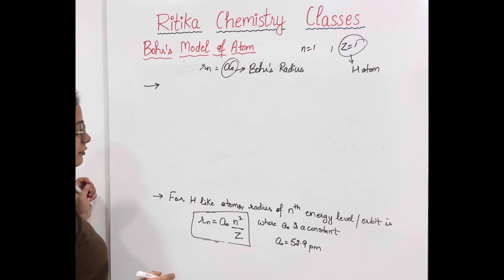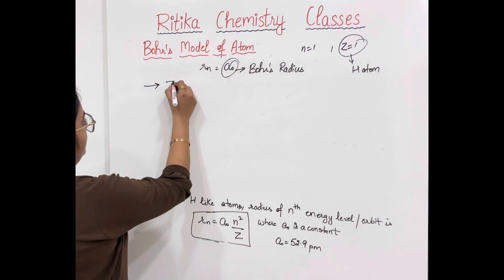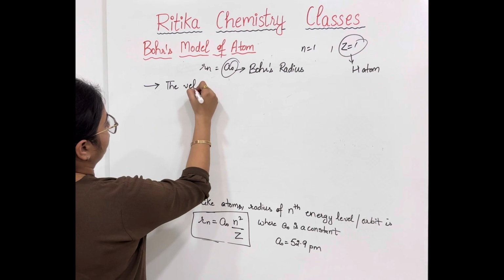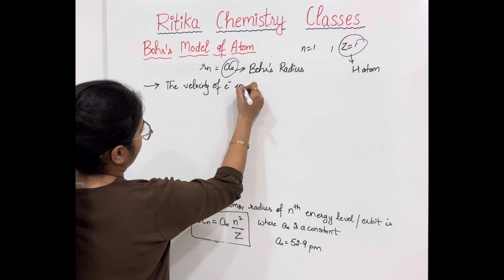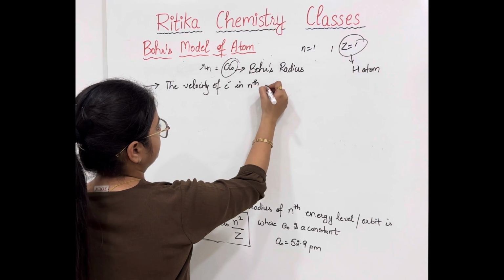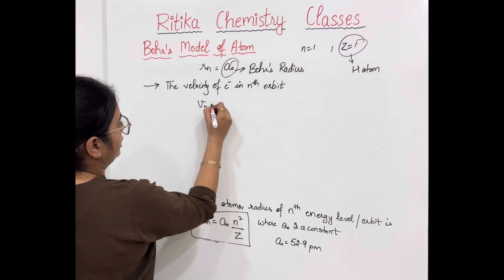Write down. If you want to find out the velocity of electron, write down the velocity of electron in nth orbit, which is denoted by Vn.